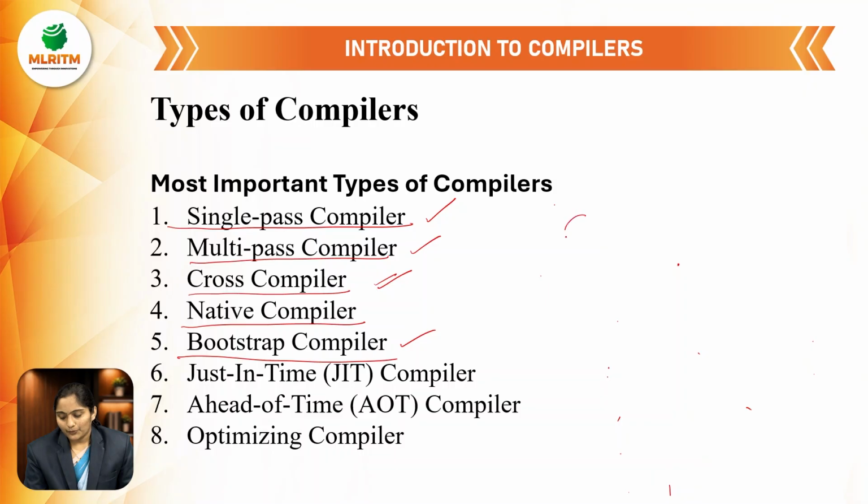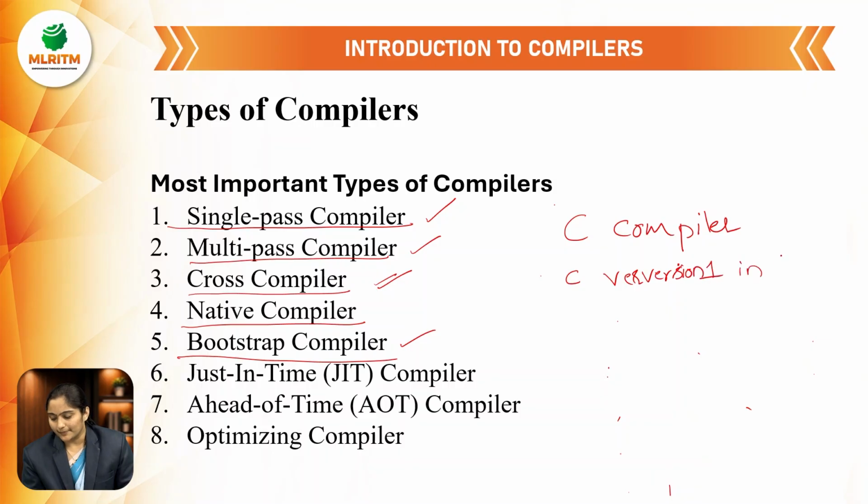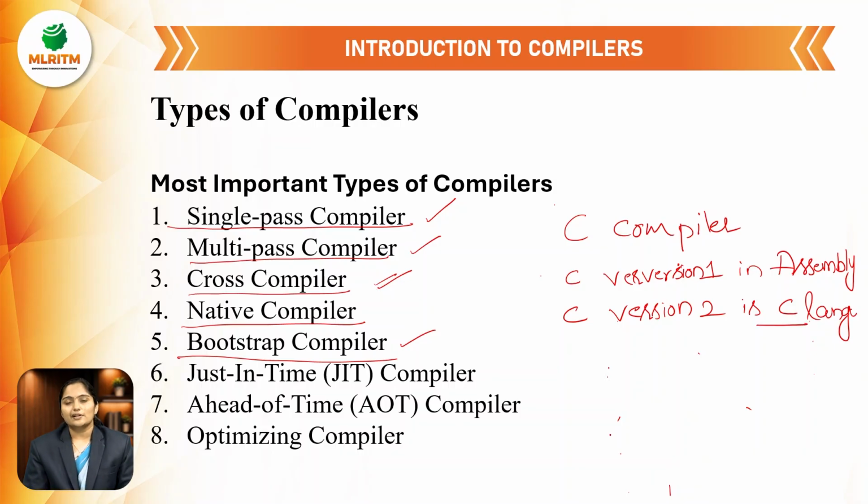For example, if you want to design a C compiler, initially the C compiler version 1 was written in assembly, and later the C compiler version 2 is written in C language, and then this C language compiler is used to compile its own programs, which are written in C language. These kinds of compilers are called Bootstrap compilers.